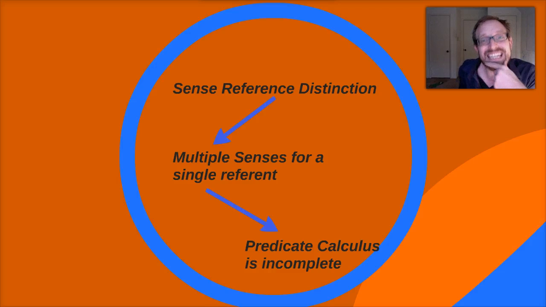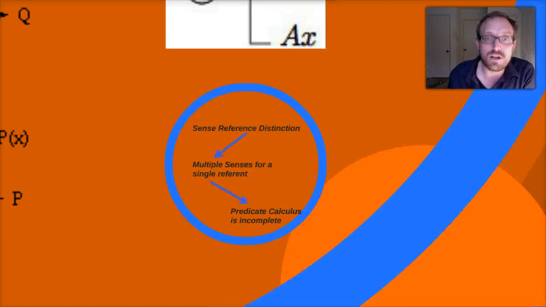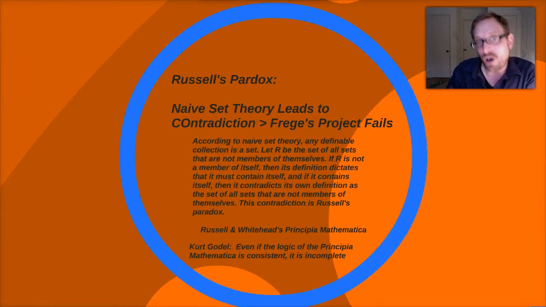But you can see what happens if we have multiple senses for the same concept: it's possible to confuse those senses and therefore not trace the logical relation accordingly, or in other words, to come up with false correlations. Now, this ultimately doesn't destroy predicate calculus.